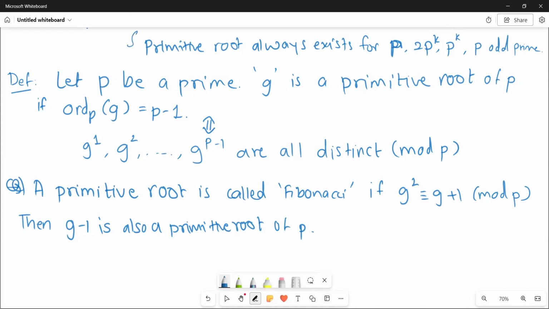And this is the if and only if condition. The important thing is that it exists for a prime P. That's the most useful property.